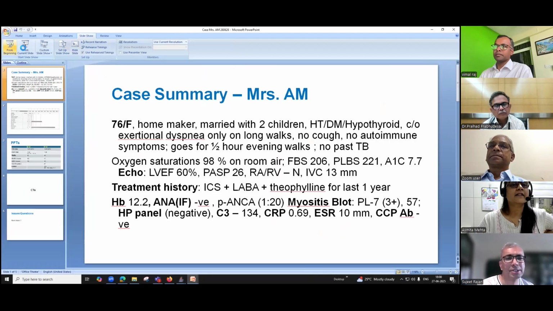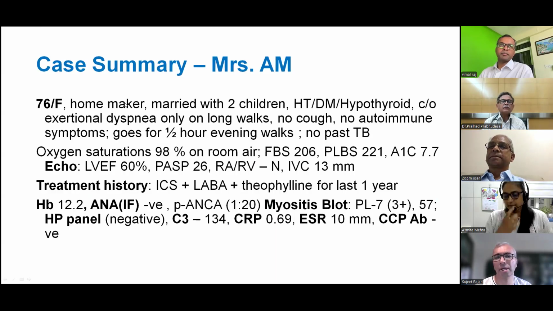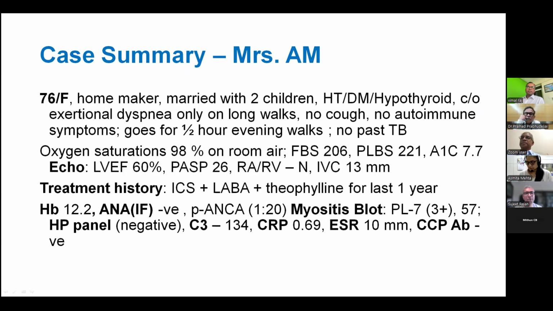Yeah, one second. This is an elderly lady, homemaker, married with 2 children, hypertensive, diabetic, and hypothyroid. She's been complaining of exertional dyspnea, but only on long walks, no cough, no autoimmune symptoms, and goes for half an hour evening walks every day, slowly at the pace she's comfortable with, no past TB.